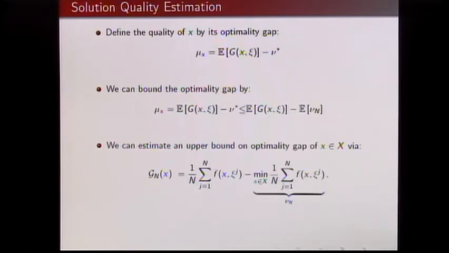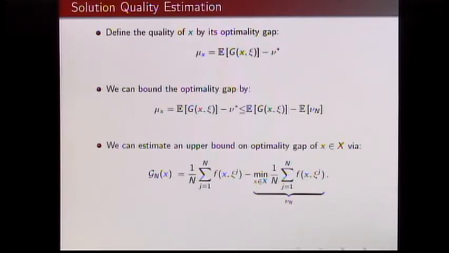And once I do this bound, again, I cannot calculate this even for a given x. Obviously, this is harder, because then you have to generate all sorts of n samples and optimize them and get the optimal value, take its expectation. Much more difficult. But this is an expectation of this minus that. So I'm going to create an estimate of this expectation by regular sample mean. I use regular statistics.